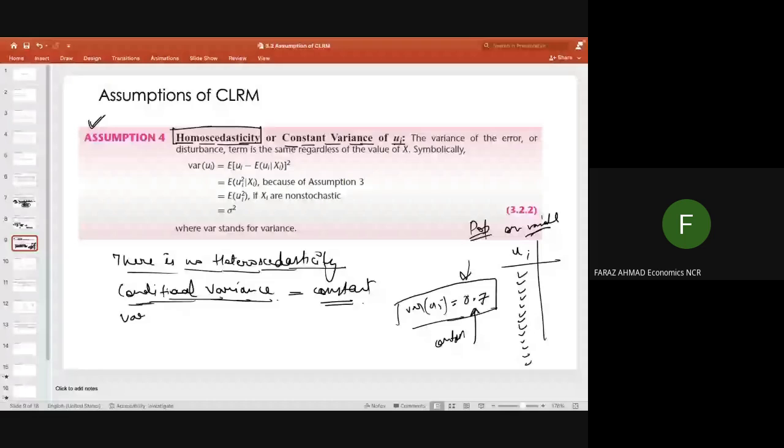When we talk about something being constant, it can be one number, but you can think of this constant being a variable also. So it's a variable, but it doesn't change.